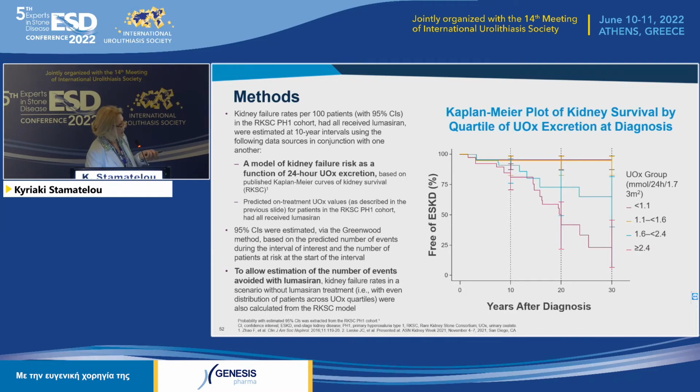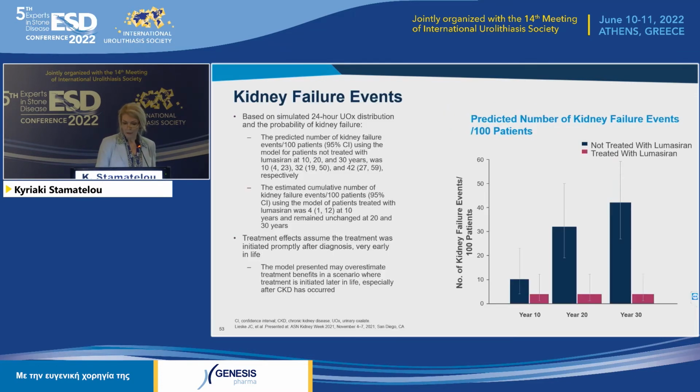The possibility of them to be free of end-stage kidney disease is very close to zero, as you see, if you take a line there. So this is the model they developed. And based on this model, they predicted the number of kidney failure events per 100 patients. And this is what happened.